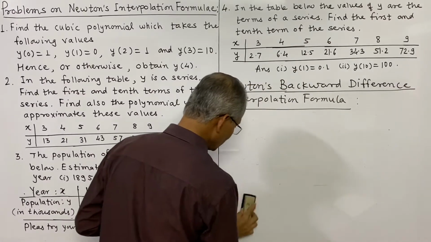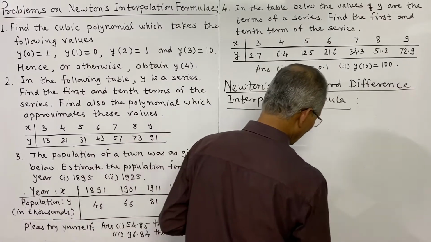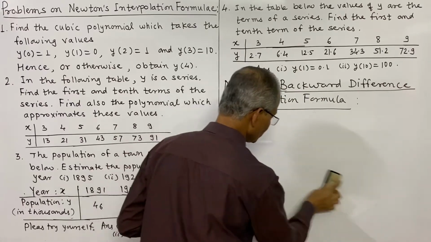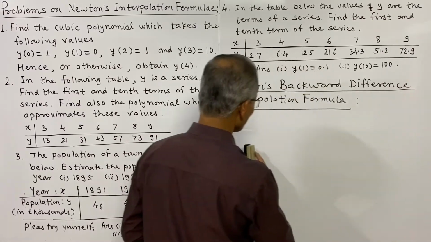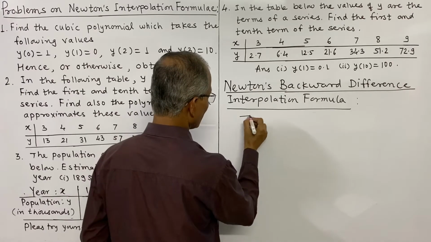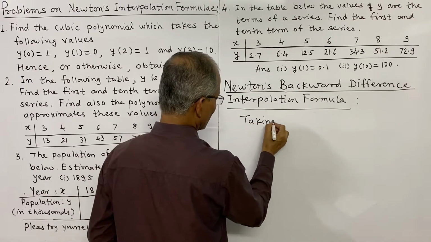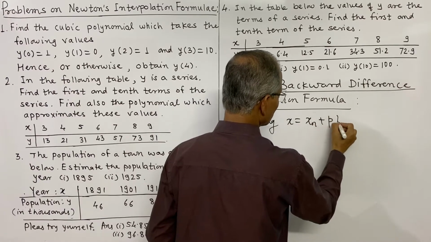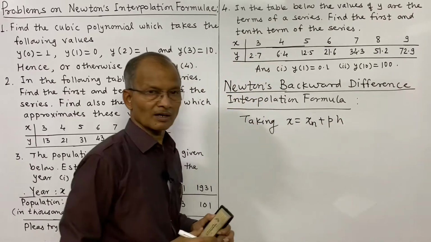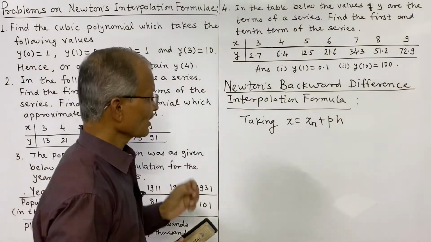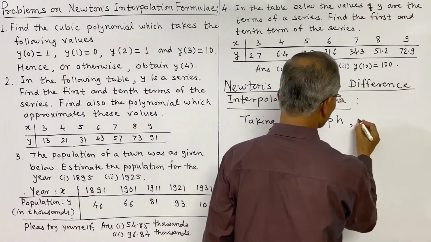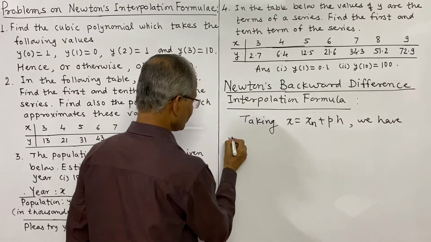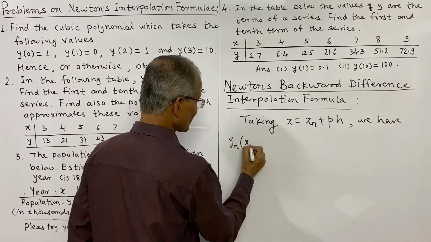So putting x equal to xn plus ph, where h is the common difference between the terms, we have yn at xn plus ph.